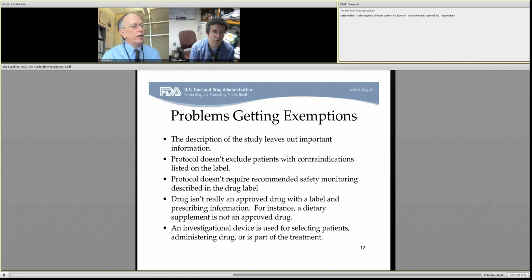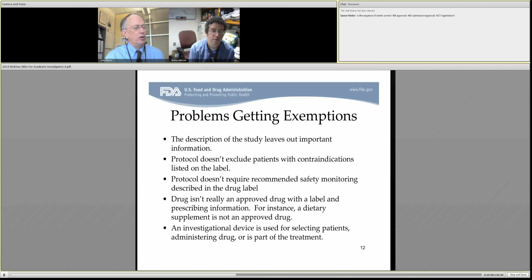The drug isn't really an approved drug with a label and prescribing information. For instance, and there are other examples, but one that snags a lot of people is that a dietary supplement, even though you can buy it at a grocery store and it seems to have some FDA-like stuff on it, technically is not an approved drug.